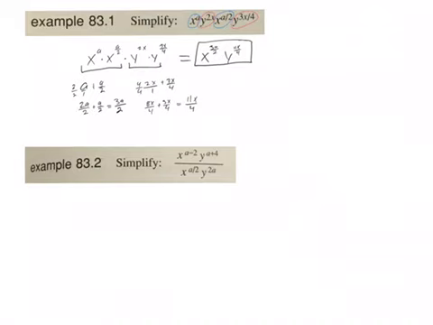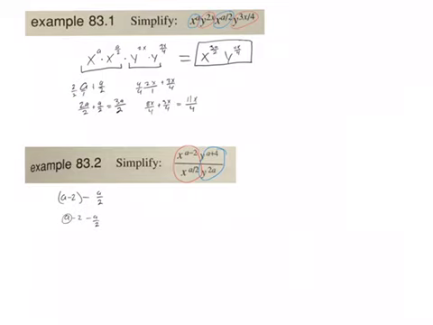Alright, same basic idea over here. So we're going to combine those two together and these two together, because those are the ones that have the same bases. Remember, we take the exponent of the top one minus the exponent of the bottom one. So for those x's, I'm going to say a minus 2 minus a over 2.